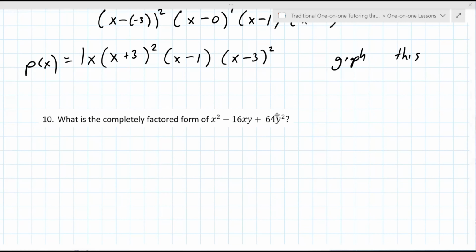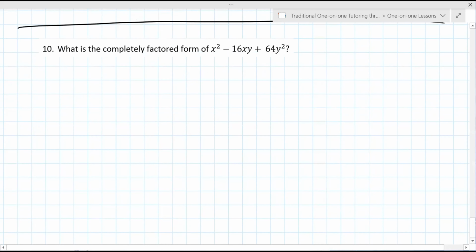What is the completely factored form of this thing right here? Now, this one's got 2 variables in it, x and y. Sometimes it's very distracting. Like if this were x squared minus 16x plus 64, how would you approach this problem?